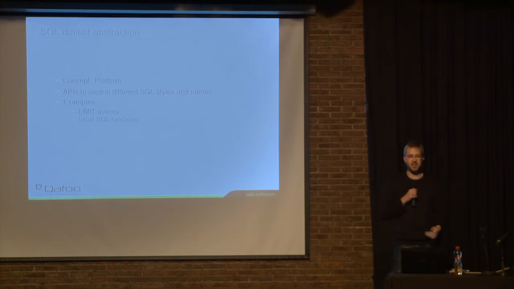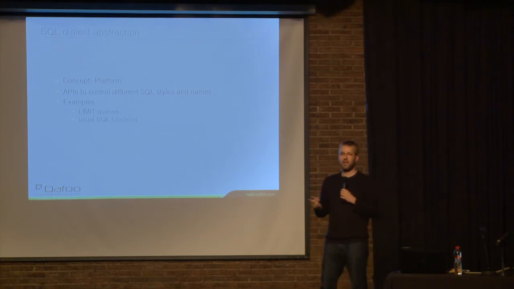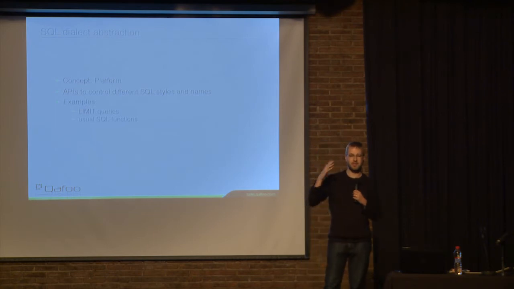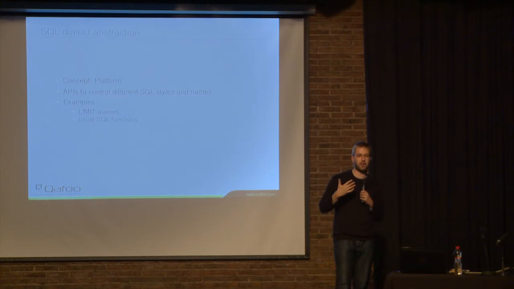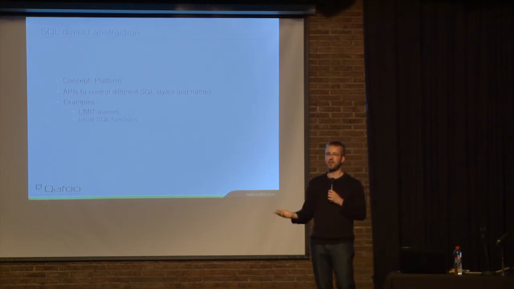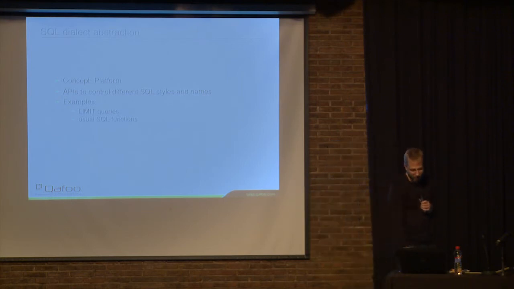One of these is the limit query. Others are, for example, functions that you would use in SQL. If you have an SQL statement that uses some kind of date converting, then every database has a different function to do this. And we have this platform concept where we have methods that allow you to, for example, generate SQL to convert a datetime field to something else. And you can use this independent of the platform.